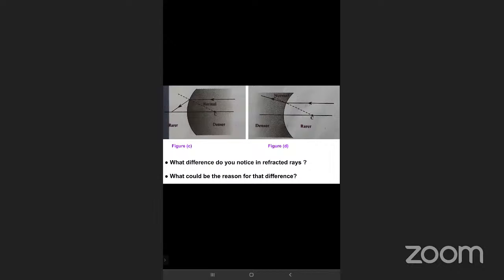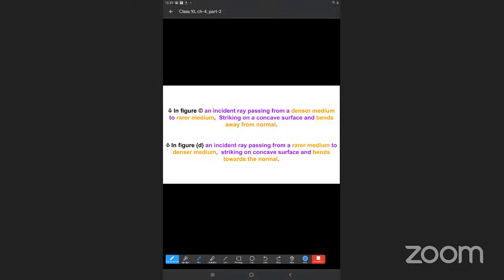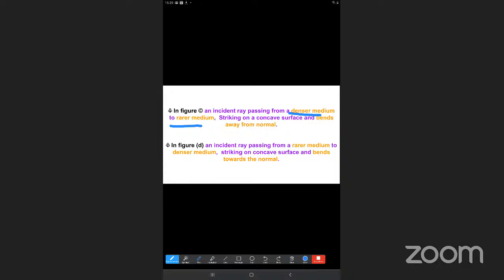So similarly, here also, with the concave surface, we observe the difference between these two. In this case also, the incident ray is parallel to the principal axis. Here also, when the light ray travels from denser to rarer, striking on a concave surface, the refracted ray bends away from the normal. And an incident ray passing from rarer to denser, striking on a concave surface, bends towards the normal.